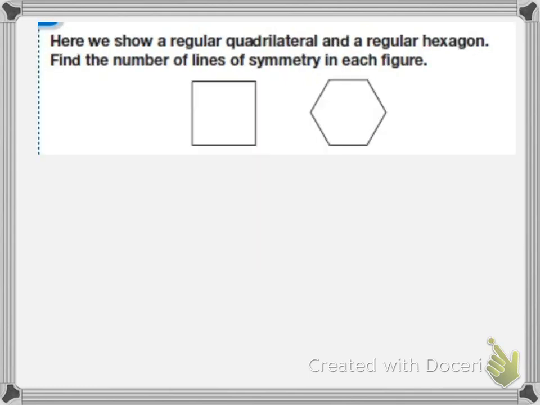Okay. Here I have a regular quadrilateral and a regular hexagon. And again, I want to find the lines of symmetry. Since they're both regular, I can find lines of symmetry through every vertex. So we're going to start with that. So there's 1 and 2 for that one, and through every vertex, so there, there, and there. Okay.